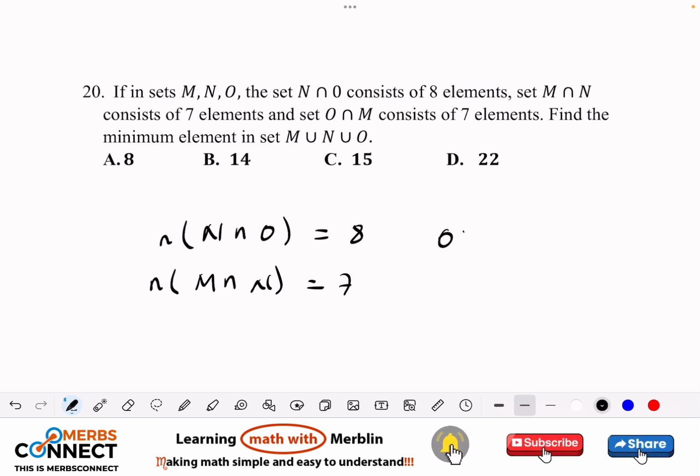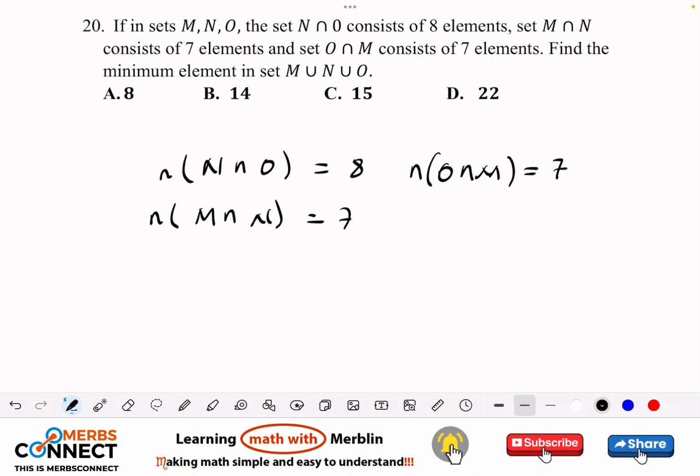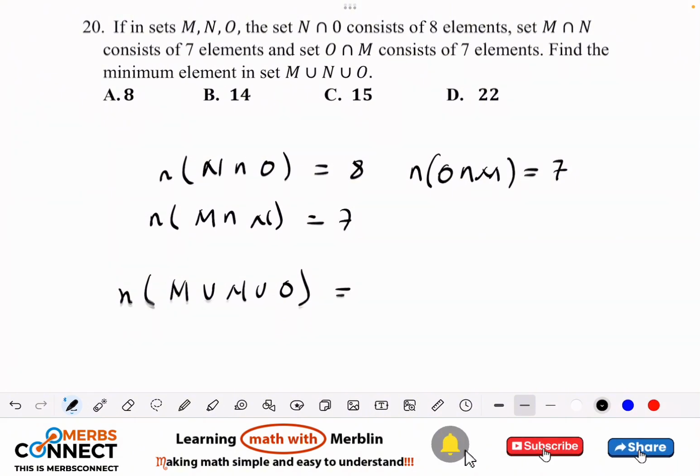And then O intersection M is also equal to 7. Good. So the question is, we'll find the minimum element in M union N union O. So this is going to be very simple. This is going to be, let me see.